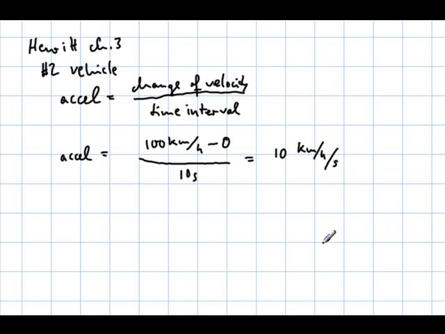So the acceleration is 10 kilometers per hour per second, and of course it's a deceleration. If the car was traveling to the right, that deceleration would be pointing to the left, and if the car was driving to the left, then that deceleration would be pointing to the right. So a deceleration, where it gets slower, is always in the opposite direction of the motion.